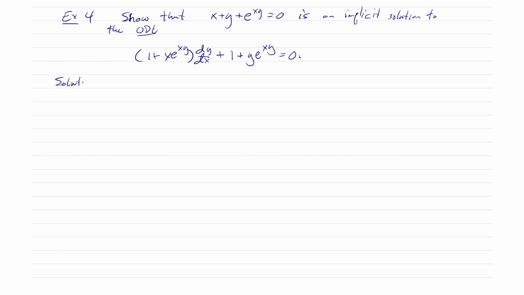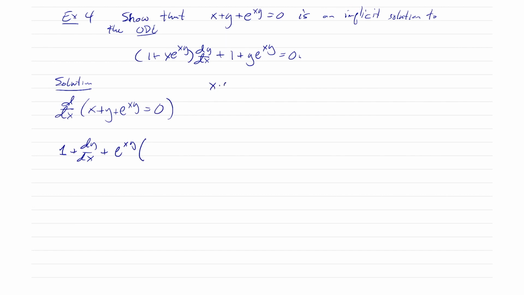So solution. All right, so I implicitly differentiate both sides. I'm taking d by dx of x plus y plus e to the xy is equal to 0. So I'm going to have just 1 plus dy dx plus, now we're taking the derivative of this, but remember we're treating y as a function of x. So this is going to be e to the xy times the derivative of x times y.